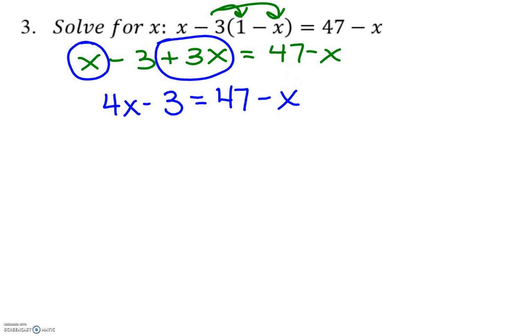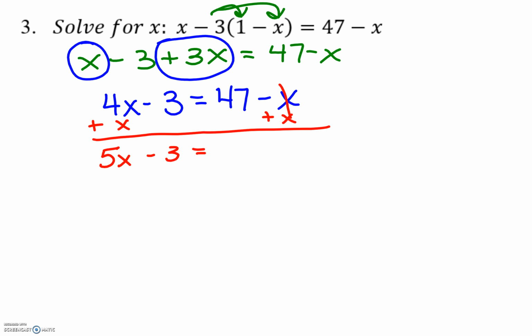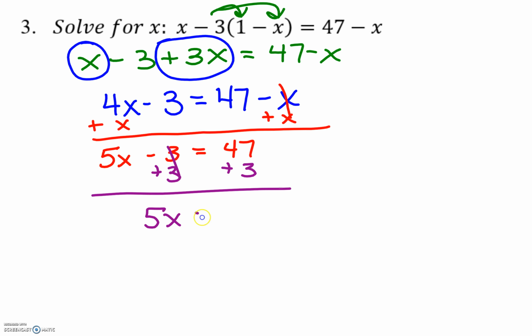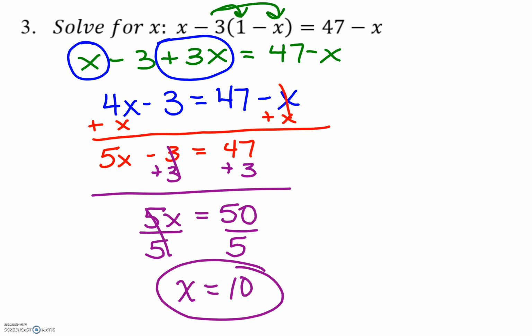We're going to move our variables to one side. So we have 5x minus 3 equals 47. From here, move our constants to the other. 5x equals 50, and then we're dividing by 5 to isolate that variable, and x is equal to 10.